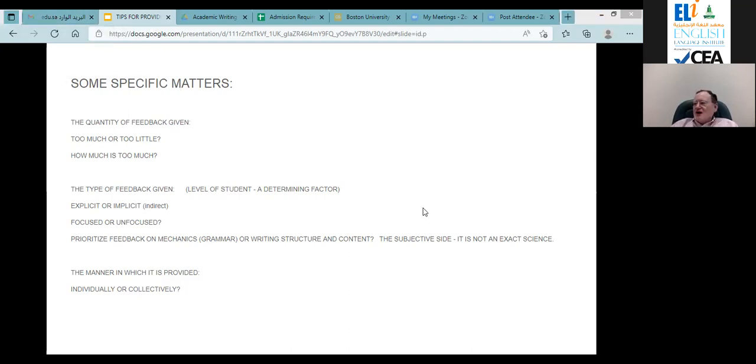Do you underline the mistake and provide a clue as to what the problem might be? Okay, we've diagnosed the error. Now, how do we treat it? What is our treatment? And do we engage the learner, the patient, in this process?